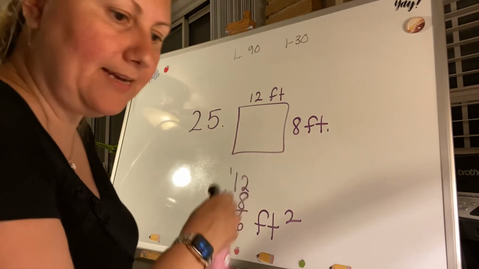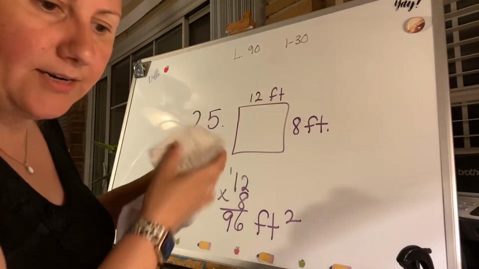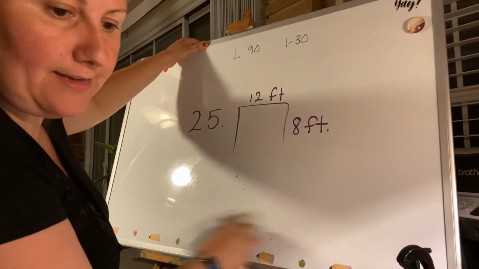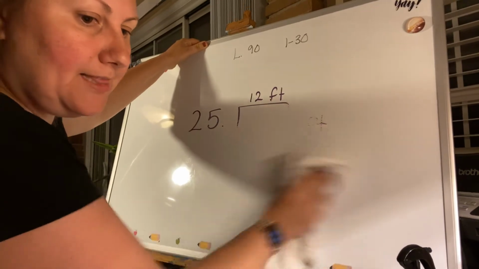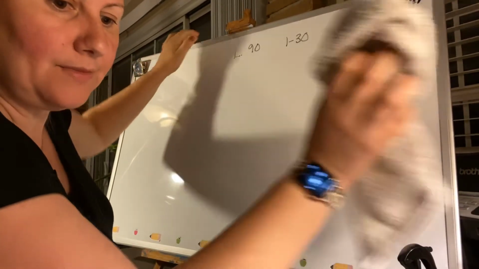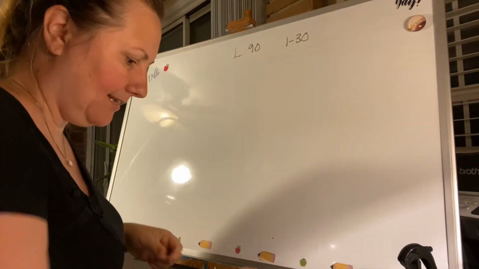Okay, let's see what's next. Number 26 says below are Team 10A's scores on the first 7 games. Refer to these scores to answer parts A through C. So we are going to have to write these down.